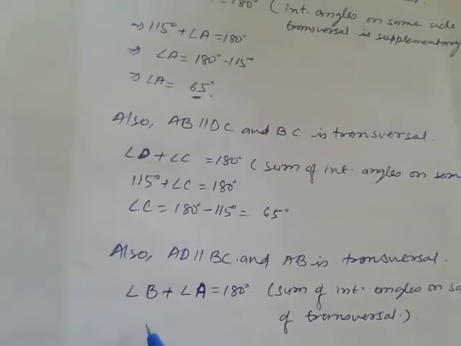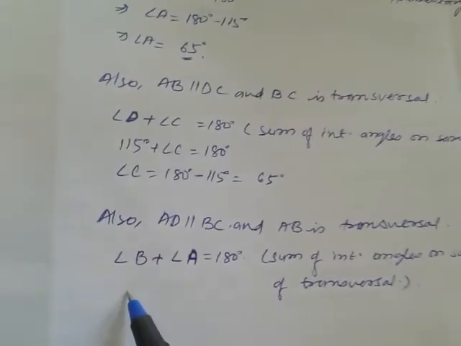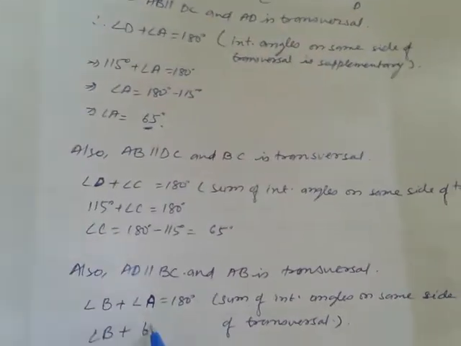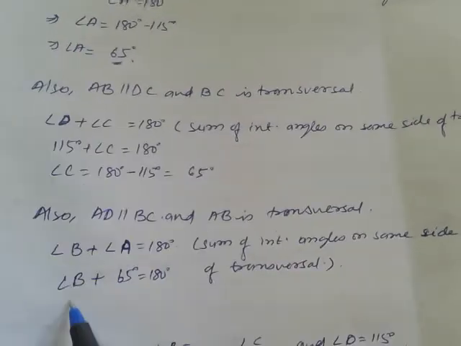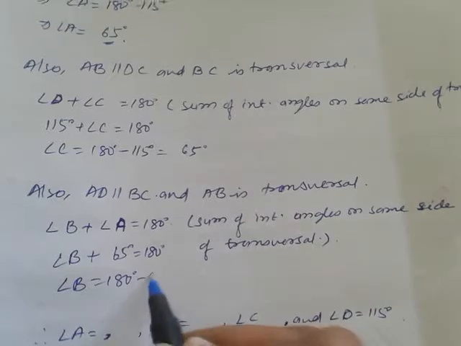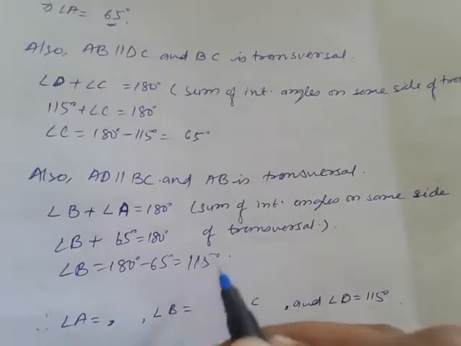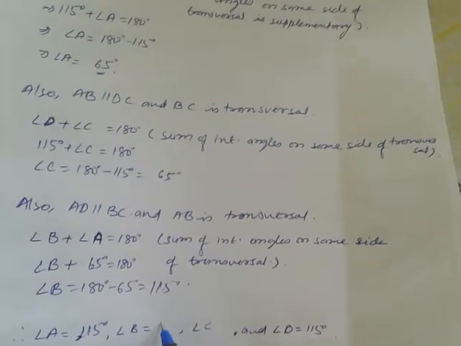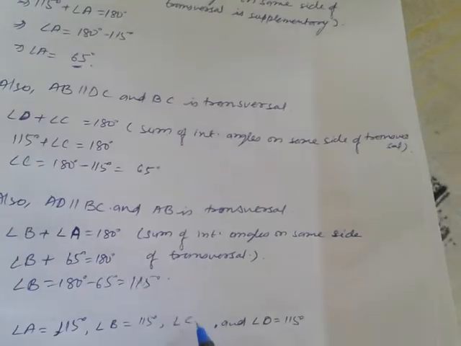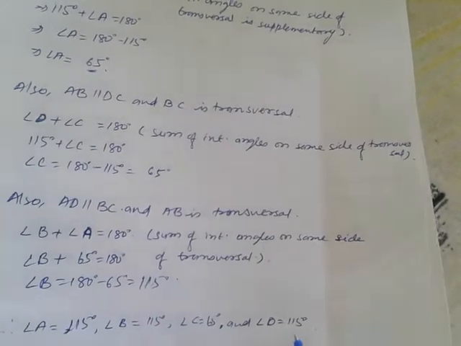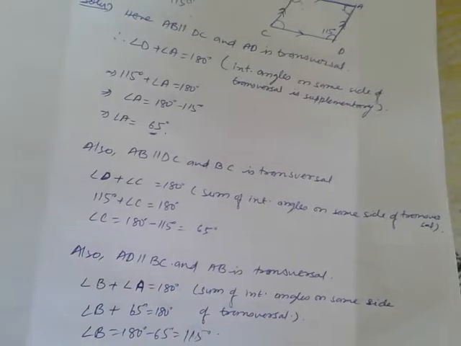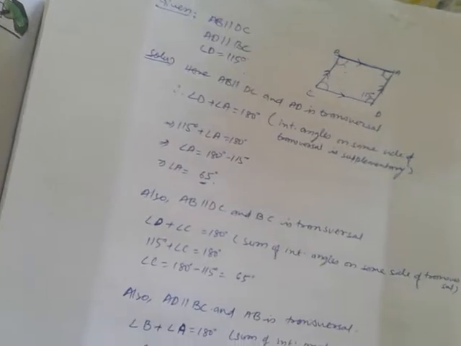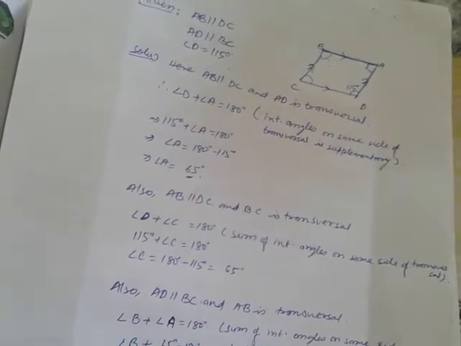Angle B is not known to us. Angle A is 65, so angle B is 180 minus 65, which is 115 degrees. So angle D is 115 degrees, angle B is 115, angle C equals 65, and angle A is 65.